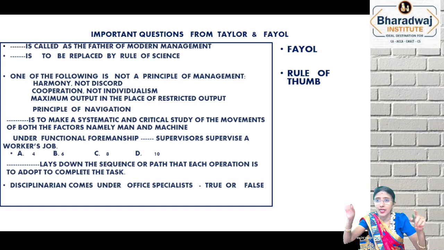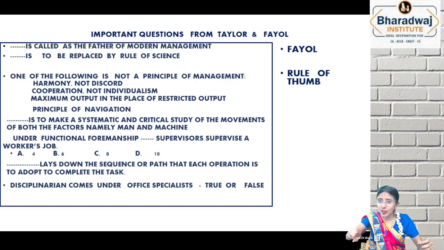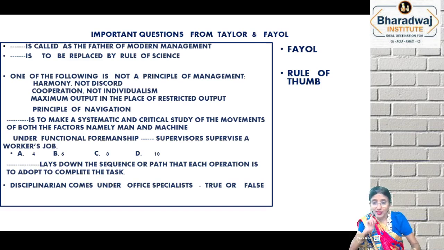Rule of thumb means unscientific. Factory operations are not working efficiently. He found that wastages and inefficiency are rampant because it was done unscientifically. That is rule of thumb. It has to be replaced by scientific planning. That is rule of science. Okay. I think the thumb you would have studied, you would have known also.